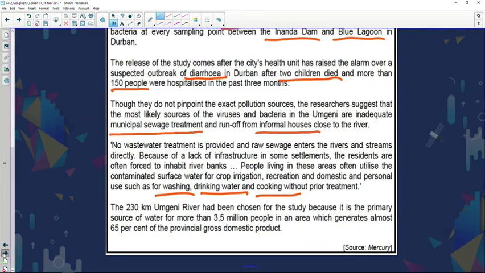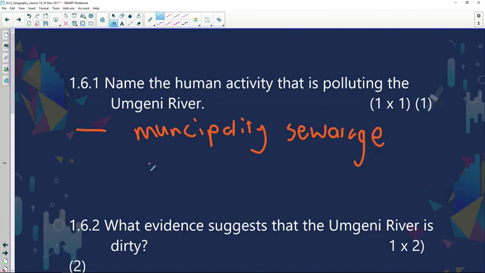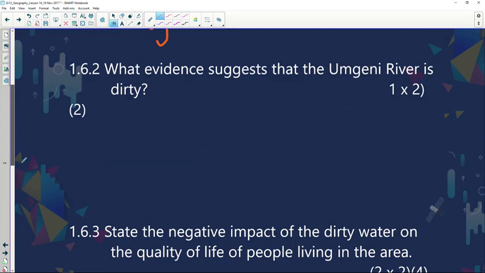Now let's quickly look at the questions that follow regarding the Umgeni River. Name the human activity that's polluting the Umgeni River, and the blame is on the municipality with their sewage system. Now, what evidence in the case study suggests that the Umgeni River is dirty? 2 children have died.